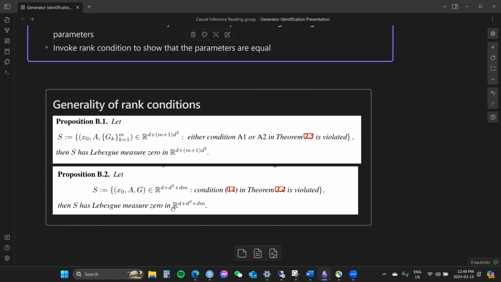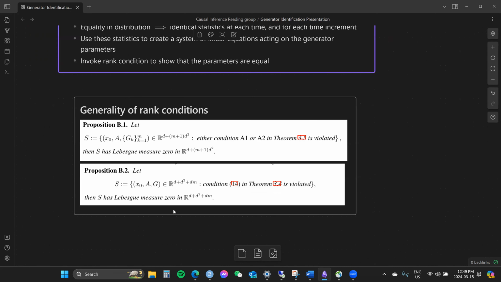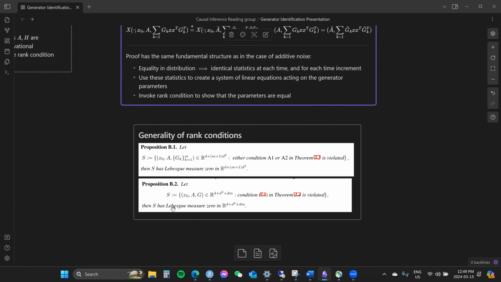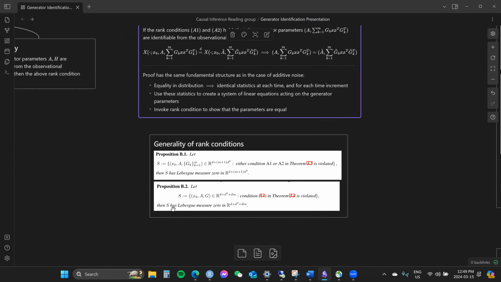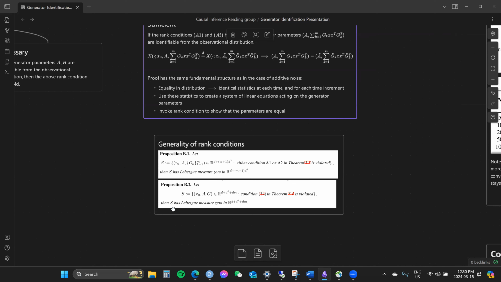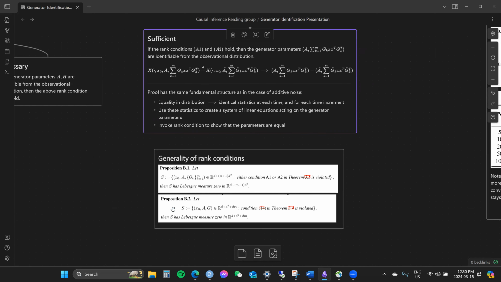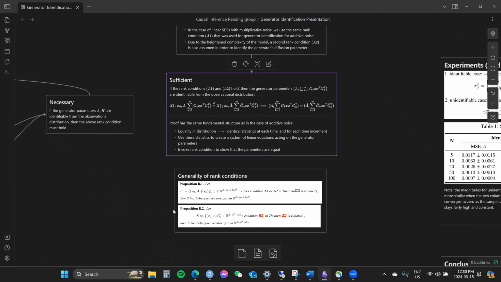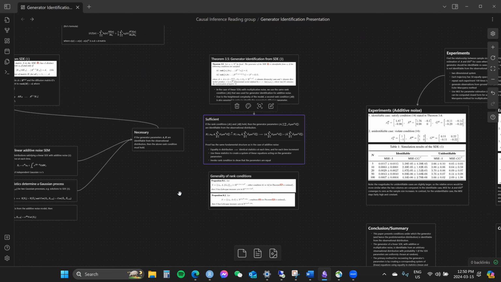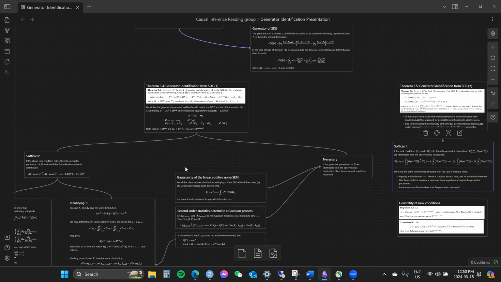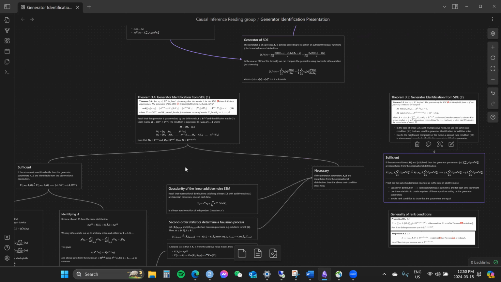Proofs are pretty involved, so I'm not going to show them, but that's the theoretical takeaway: for both of these models, with probability 1, if you're choosing your parameters uniformly, then you will be able to identify the generator and hence the post-interventional distribution from just knowing the observational distribution. So 2 observational distributions, if they're the same, will have the same generator.